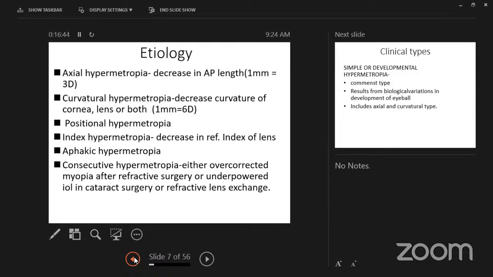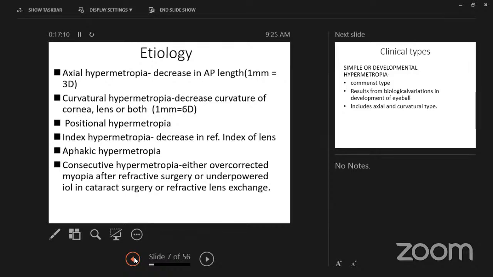So this is a question for you. Suppose there is a 20 diopter IOL and you measure it on a lensometer. What should be the power of the IOL? It should be less than that. Read about it.